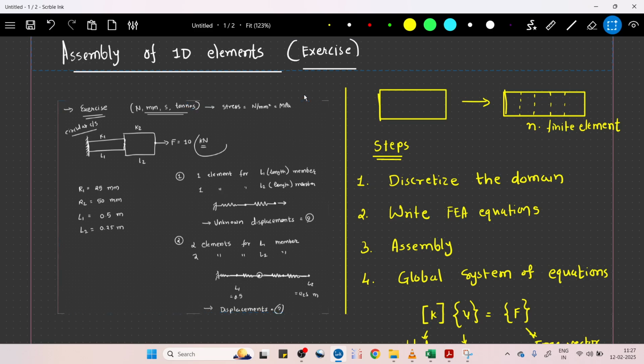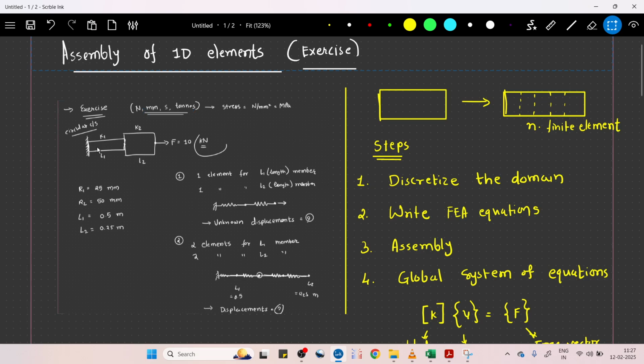We have this kind of structure with L1 and L2 lengths, and we have defined all the inputs K1, K2, L1, L2, A1, A2. We are applying 10 kilonewton at one end of the structure, whereas the other end is fixed.